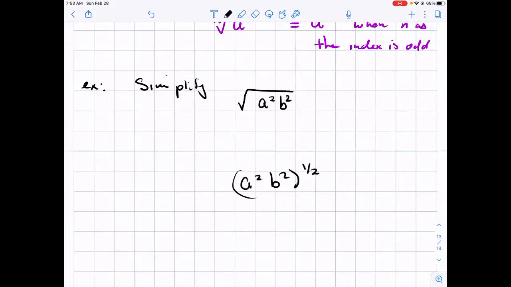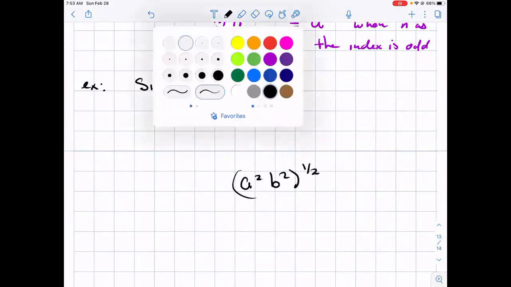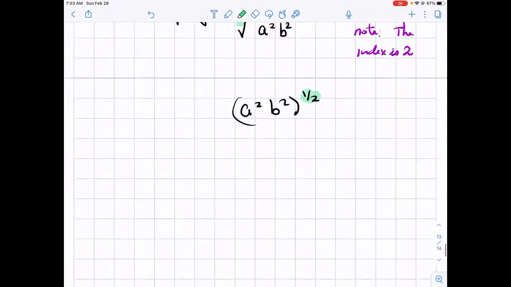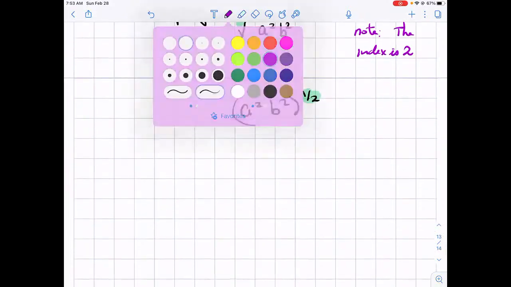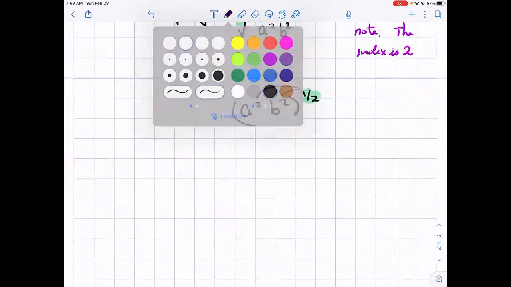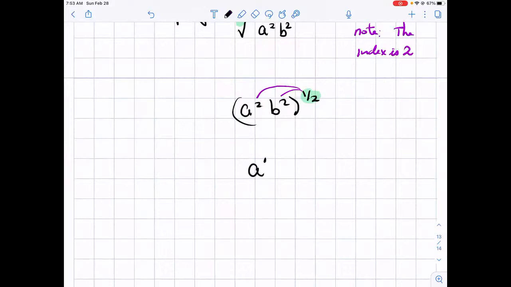Why? Because note, the index is 2. So if this is 2, this becomes 1/2. And now if you distribute, you get a to the 1, b to the 1.